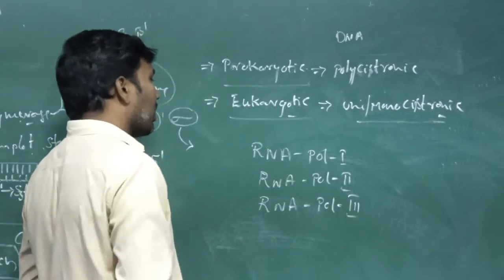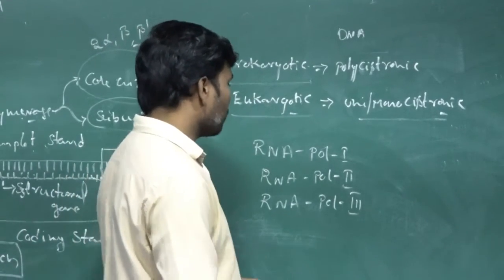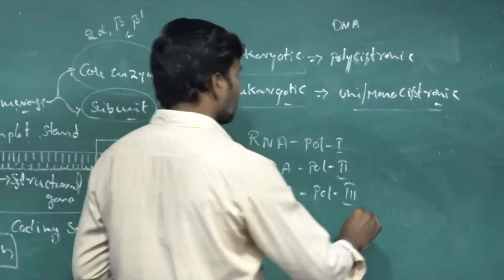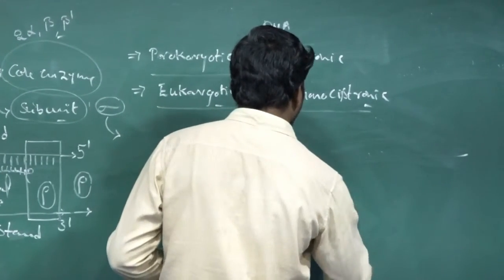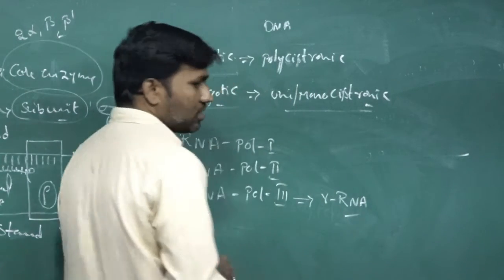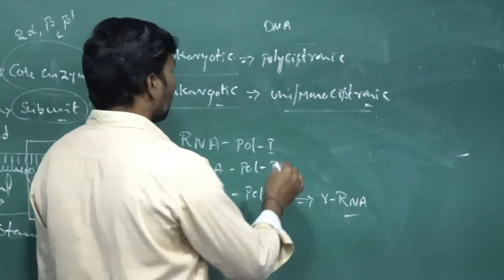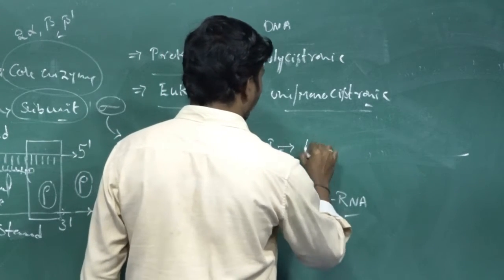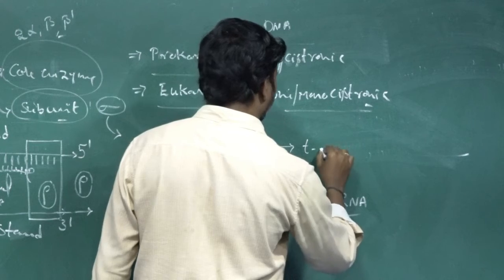In this, RNA polymerase 3 is responsible for the synthesis of rRNA, and RNA polymerase 1 is responsible for tRNA.